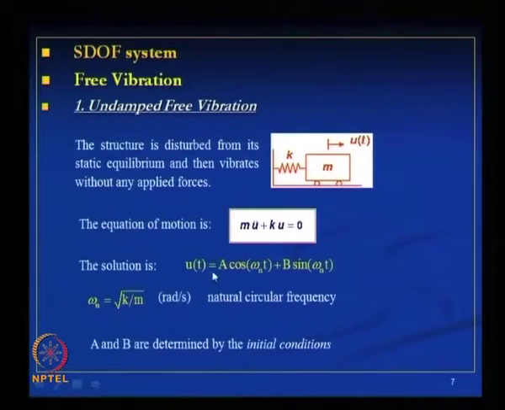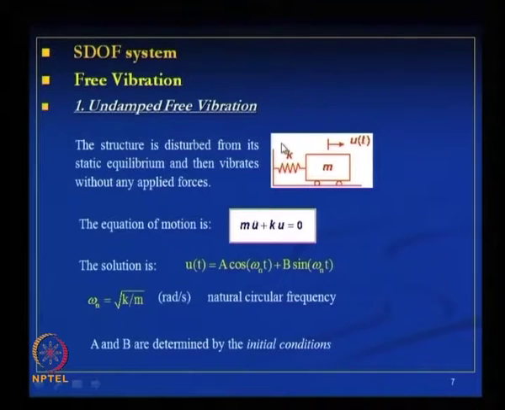But how to obtain these constants for this solution? We can find them using the initial conditions of the system. As I have mentioned already, any dynamic problem is an initial valued problem.